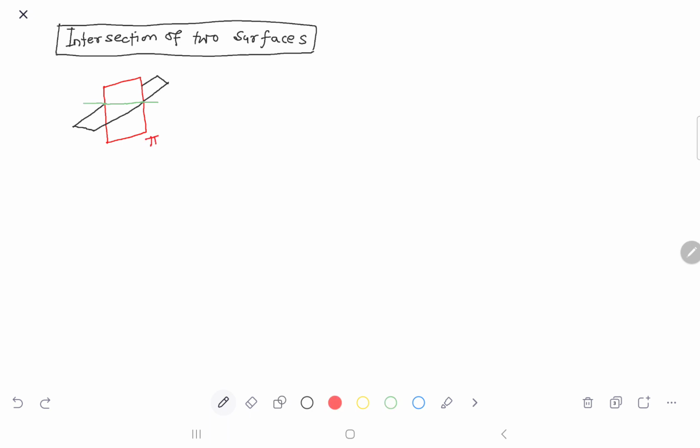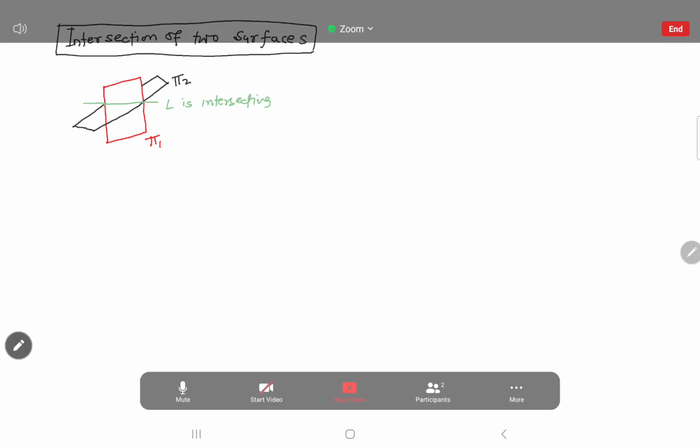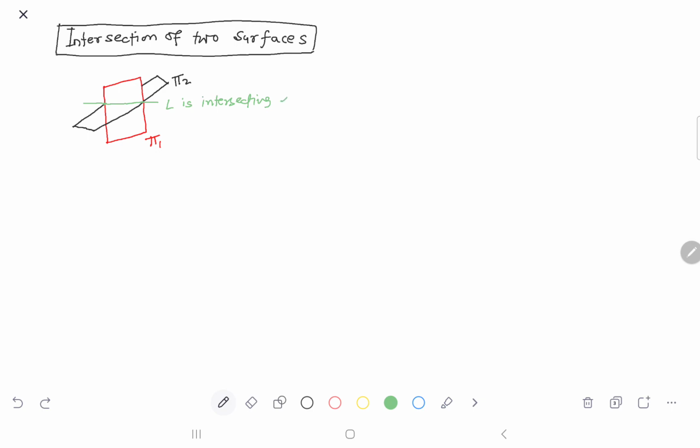So if you take pi 1 and pi 2, then this line is the intersecting line. Are you sure two planes, if they intersect, will intersect through a straight line? Very good.